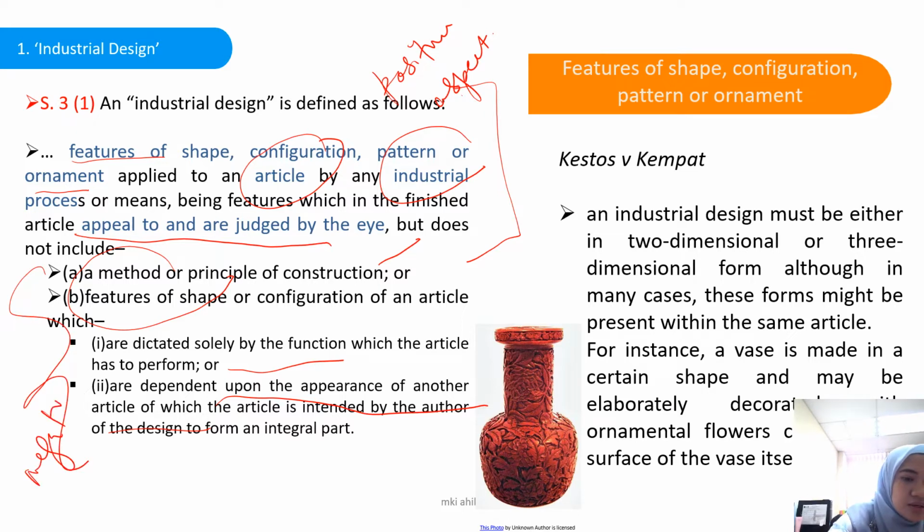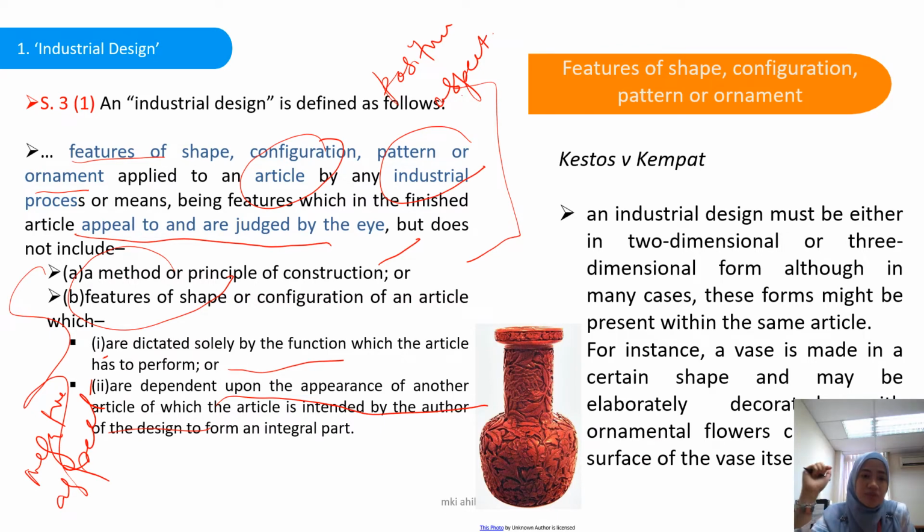So from this definition under section 3, we know that there are two aspects of the definitions of the ID itself, positive and negative. First, it must be a features of shape or configuration applied to an article by any industrial process and can be appealed to and adjudged by the eye. That one is the positive aspect.